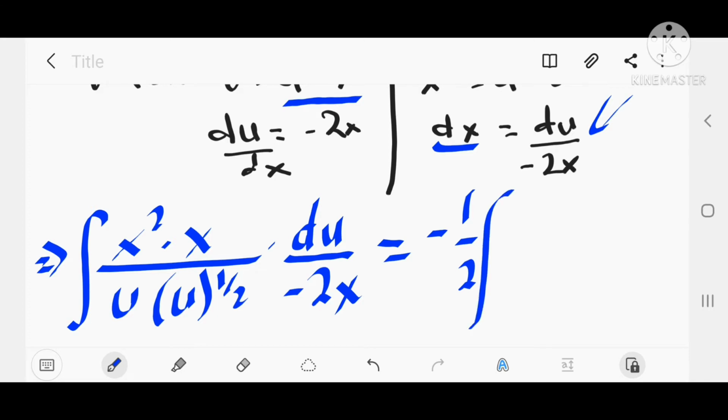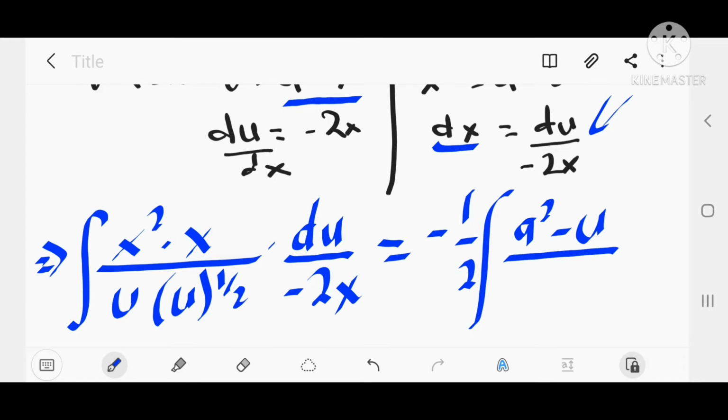Remember that x squared is a squared minus u. So we have a squared minus u on u exponent 1 times u exponent half.